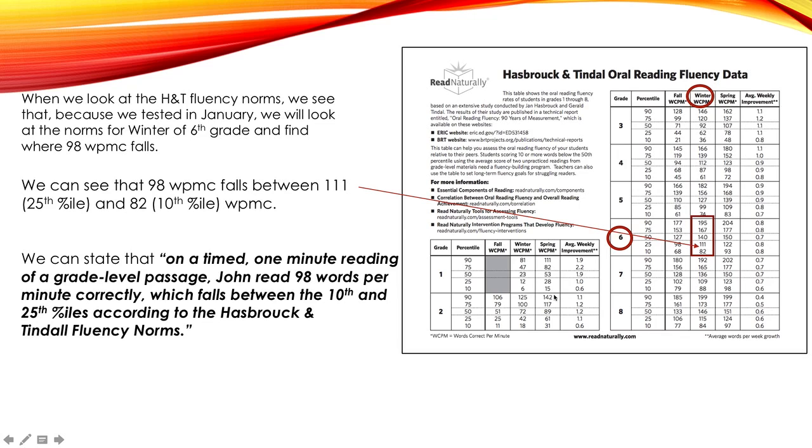So we could make a statement that says, on a timed 1-minute reading of a grade level passage, John read 98 words per minute correctly, which falls between the 10th and the 25th percentile according to the Hasbrook and Tyndall fluency norms. We don't want to guess because we don't know what percentile 98 actually is. I mean, we could be wildly off, so it's safer just to say that it's between these two bands.